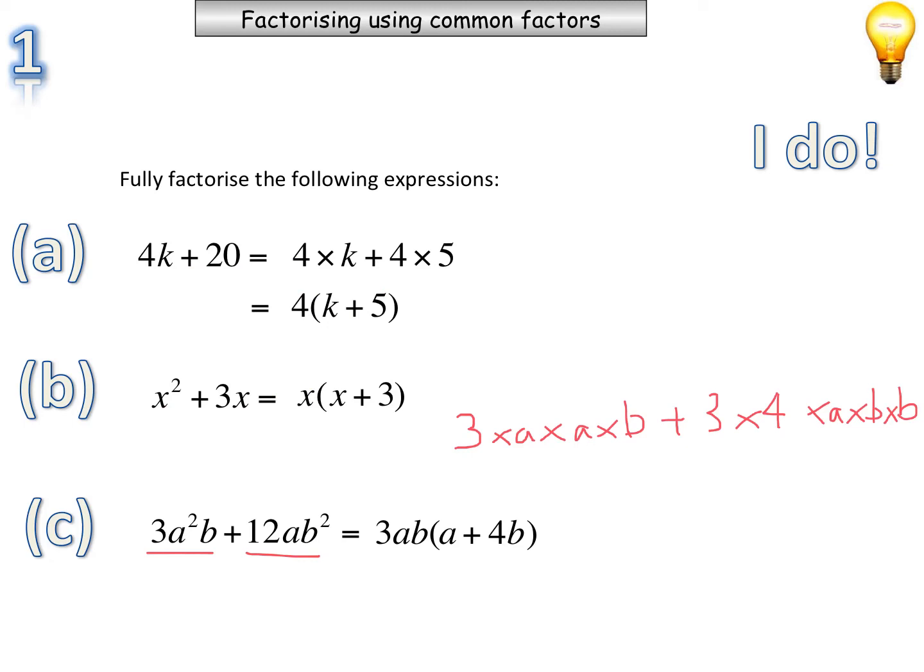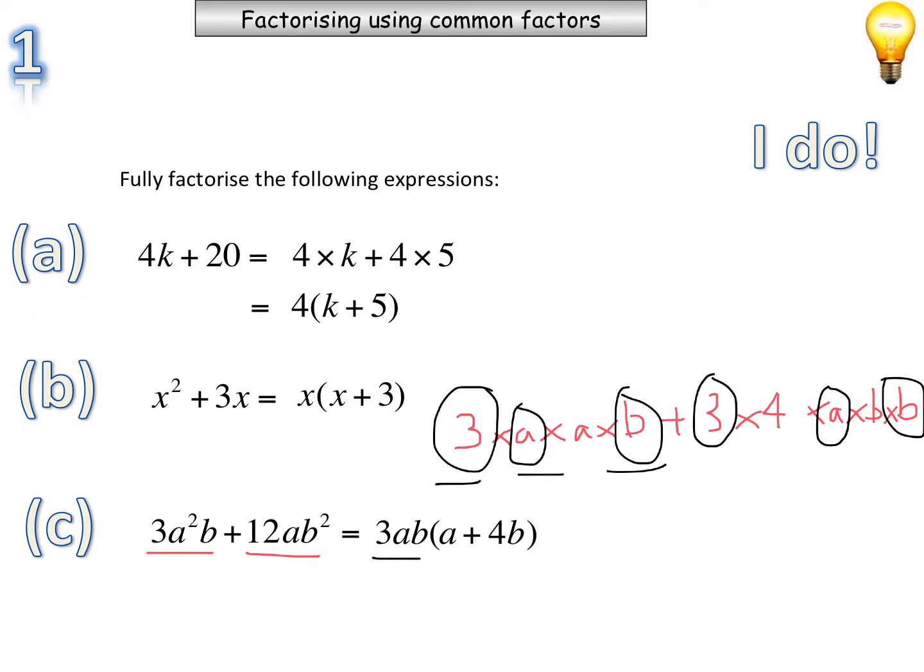So what is common is this 3. We've also got an a, and we've also got a b. So 3ab sits out the front, and what we've got left is a plus 4b.